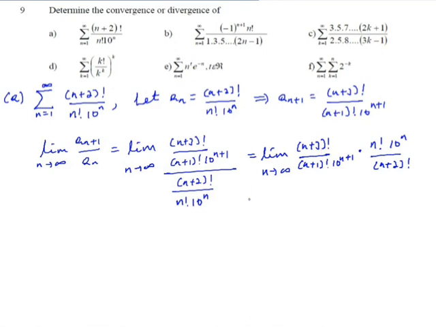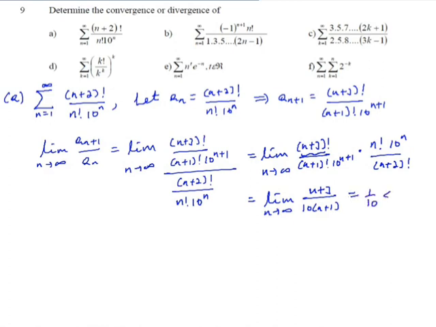Factorization and simplification are very important. So when we simplify this, it becomes n plus 3 over 10 times n plus 1. So this becomes 1 over 10.